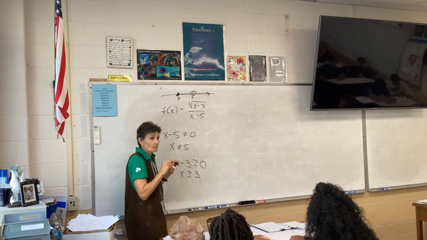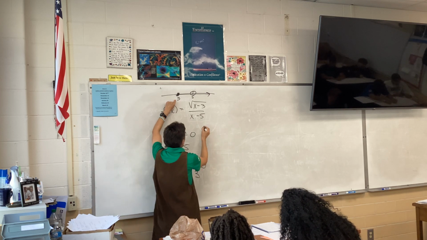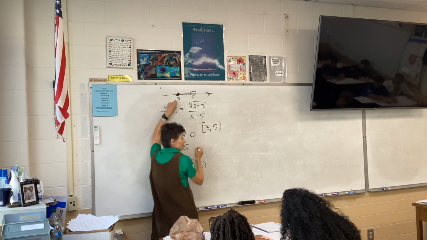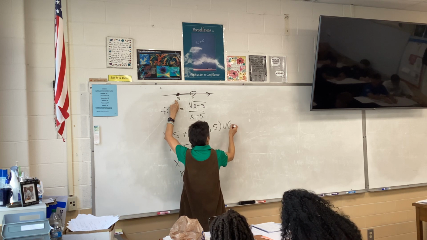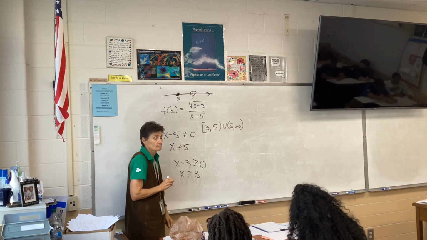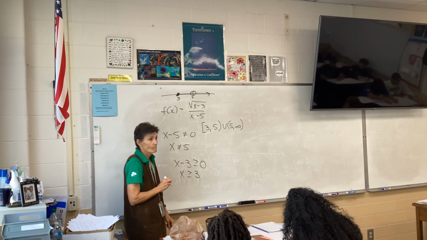So I have to skip over 5. So what can I be? Well, I can be everything from 3 to 5, or I can be everything from 5 on. Got it?